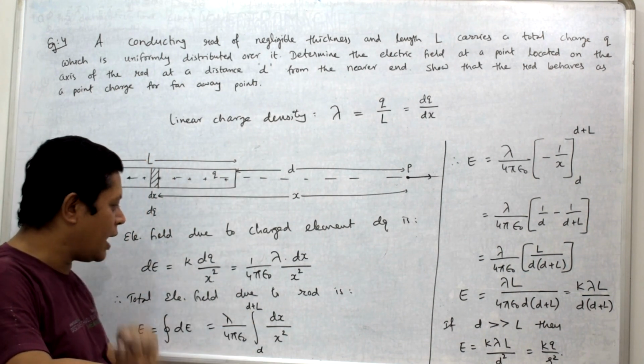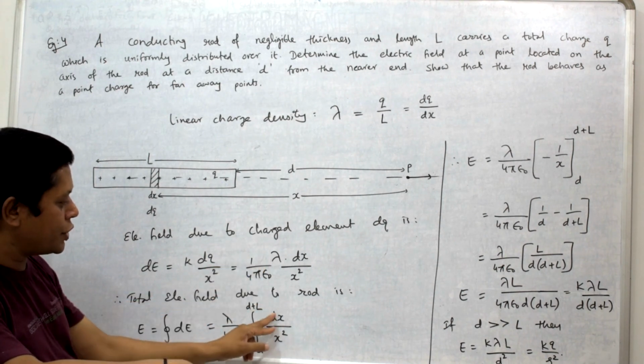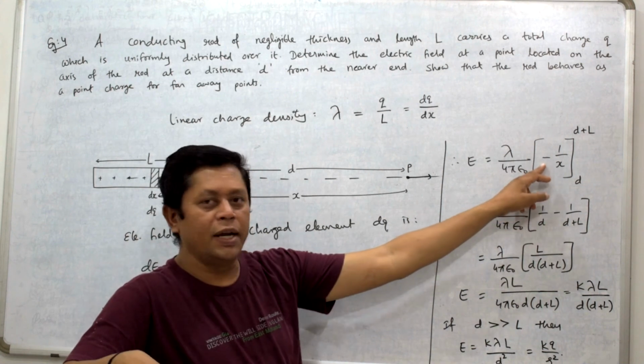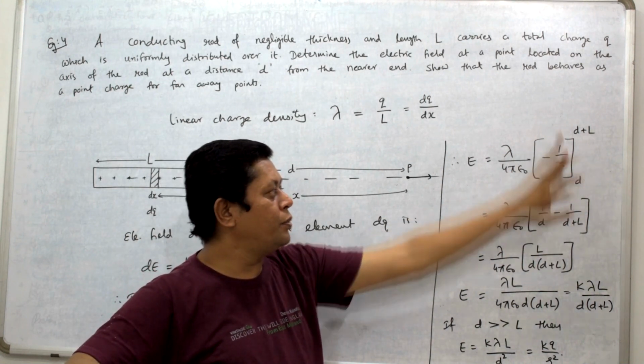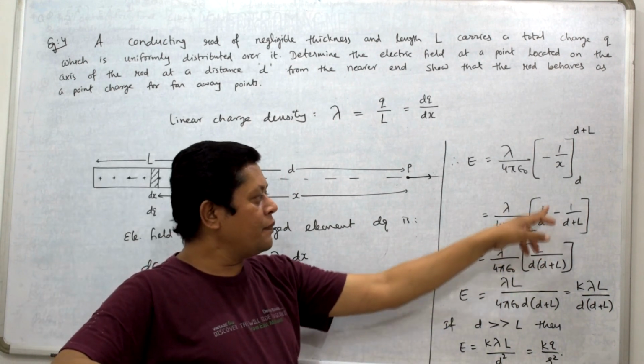Lambda upon 4 pi epsilon 0 is constant, and we integrate dx upon x square. The integration of 1 upon x square is minus 1 upon x, so when you put the limits d to d plus L, you can simplify.